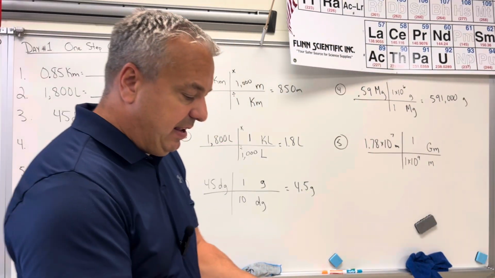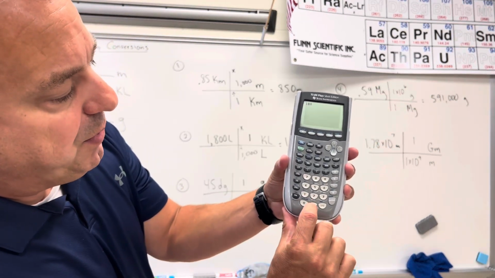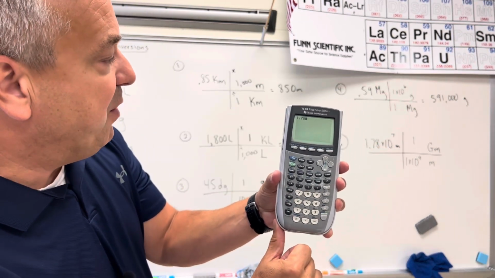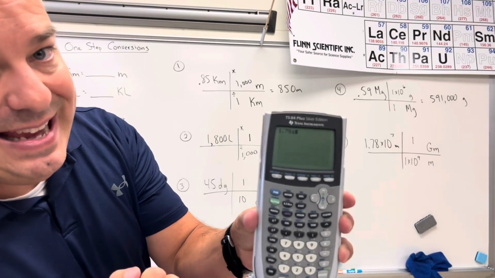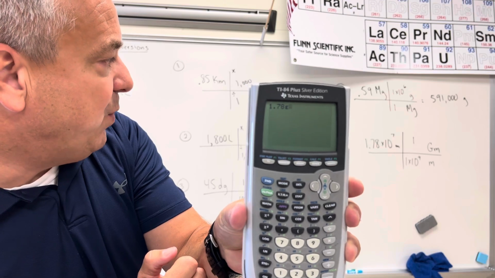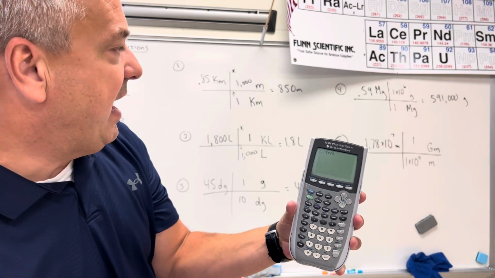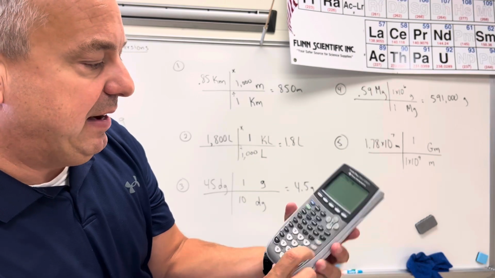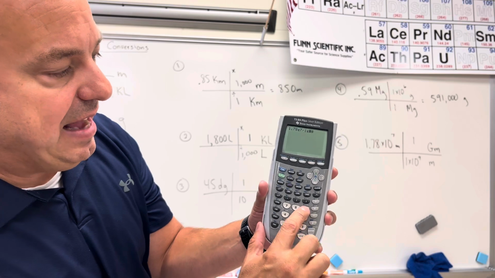So let's go ahead and put this in our calculator. So I'm going to do 1.78, and then I'm going to go exponential notation. So it's second comma to get that E in there. And it's 1.78 times 10 to the 7th power. And I'm going to divide that by 1 times 10 to the 9th power.